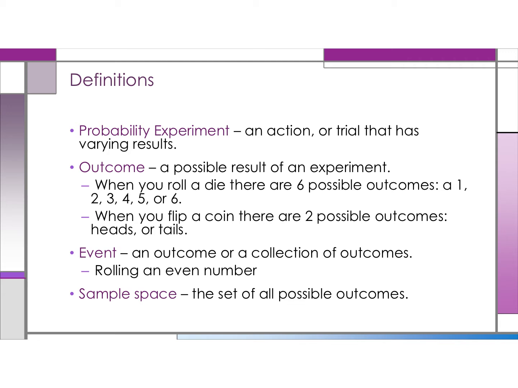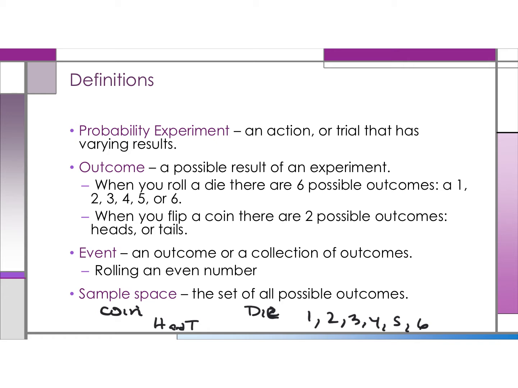And then the last one is the sample space, and that would be the set of all possible outcomes. So for example, my sample space when I flip a coin would be heads and tails. When I roll a die, my sample space would be 1, 2, 3, 4, 5, and 6.